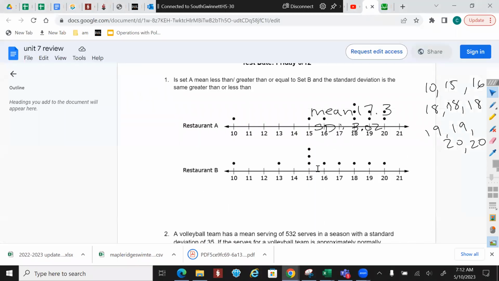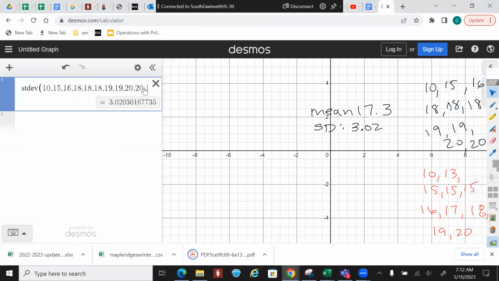And now we're going to go back and look at our list, the next one, and write that out, and then put it into Desmos. 10, 13, 15, 16, 17, 18, 19, 20. And I'm going to go into Desmos, and I'm going to type it in. That's going to be 10, 13, 15, 15, 15, 16, 17, 18, 19, 20.